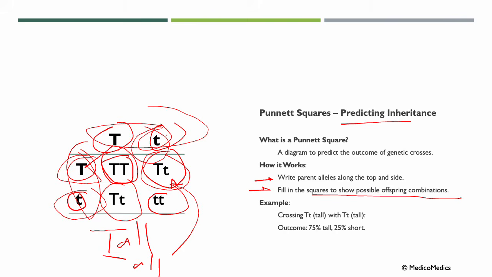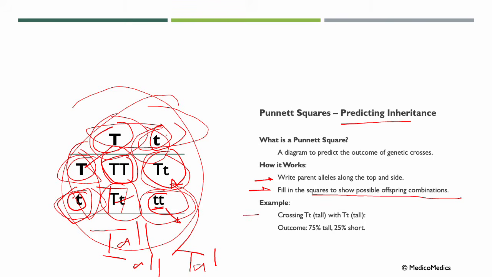And then you have, again, recessive plus dominant, so again Tt. So this is also tall. And then you have recessive and recessive, making it a short plant. So the outcome of this would be that there is a 75% chance of being tall and 25% of being short.